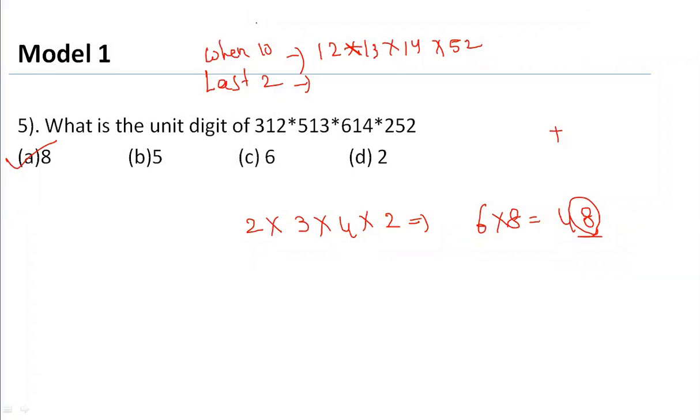But when somebody is asking you for the last two digits of a calculation, or the tens place of a calculation, then just by taking the units position, you can't get the last two places. In that case, you have to take the last two places to calculate.